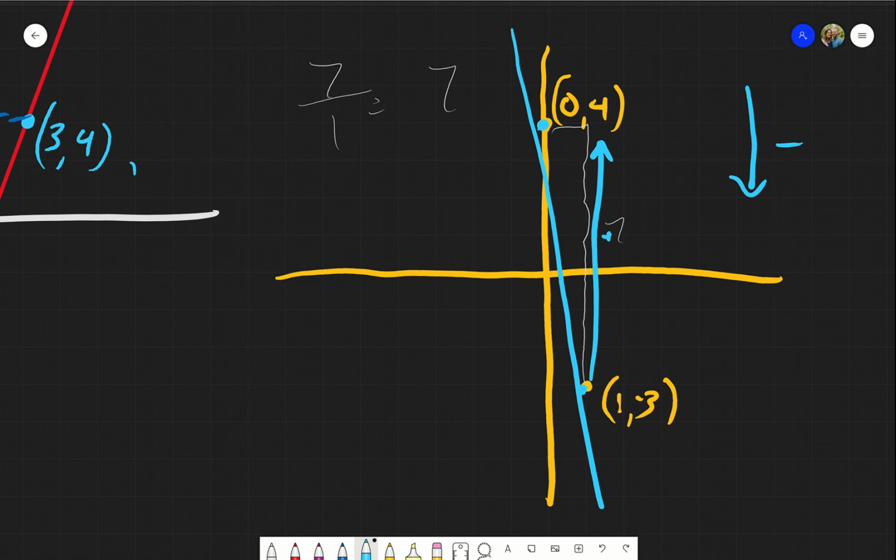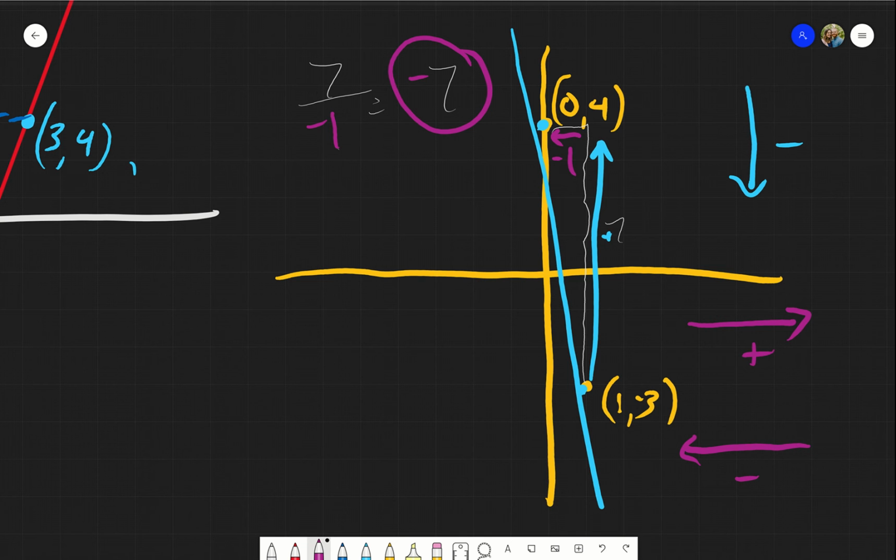Going down for my rise happens to be negative. Going forward for my run will give me a positive value, but going backwards for my run will give me a negative value. I ended up going backwards one place. It's actually a -1 run, which means positive divided by negative. This is actually a slope of -7.